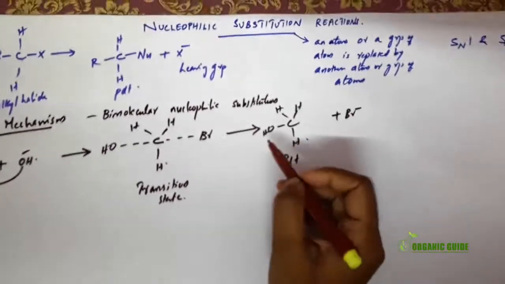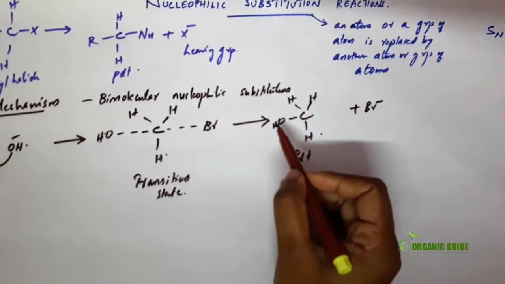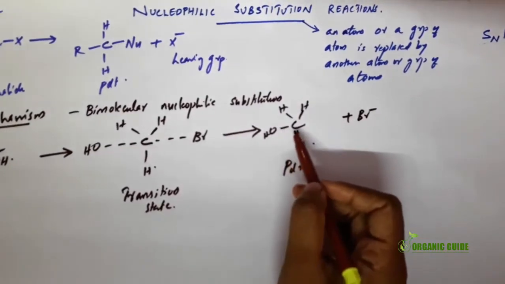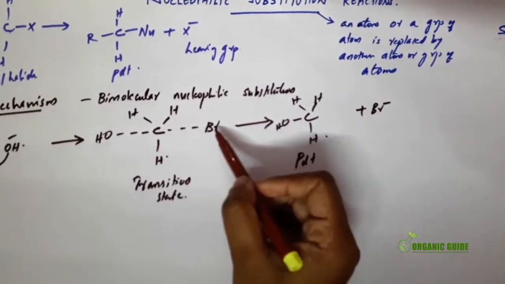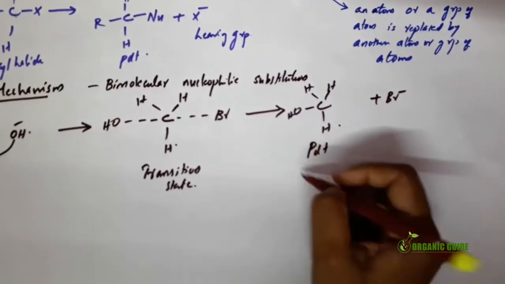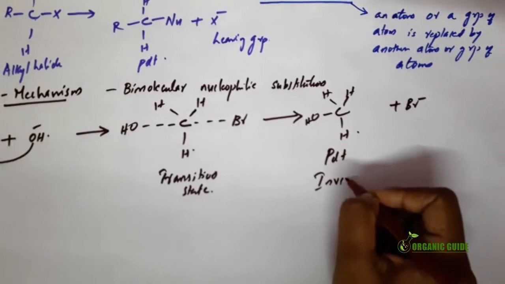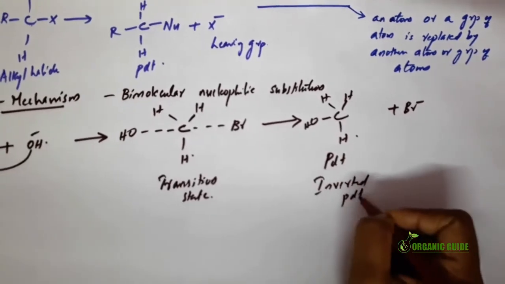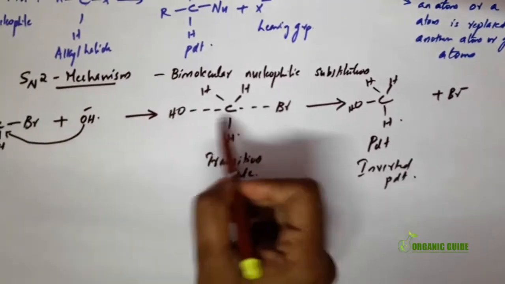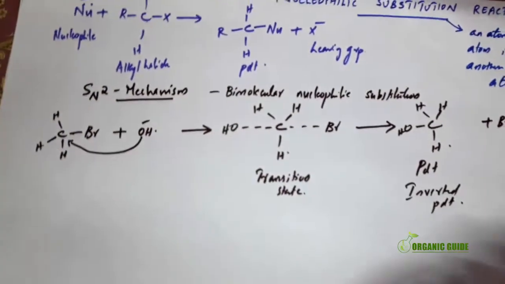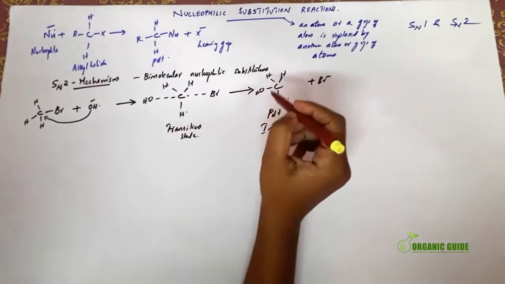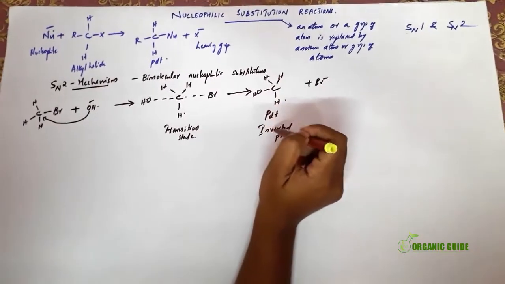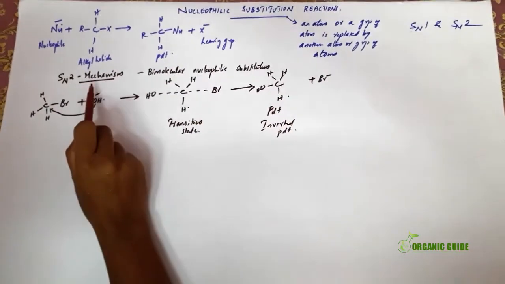So you can see that this OH minus attaches to the carbon opposite to where the bromine is. That is, we will get an inverted product. If we are taking an S isomer, we will get an R isomer, and if we are taking an R isomer, we will get an S isomer. As I said, we will always get an inverted product for the SN2 mechanism.